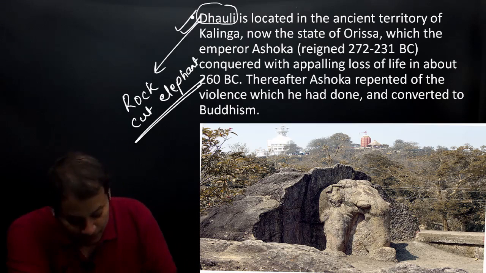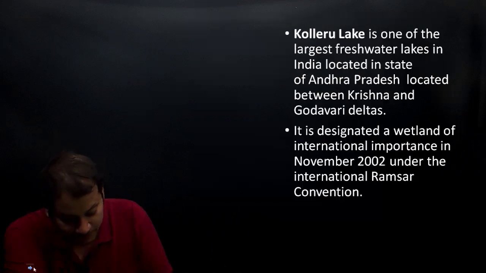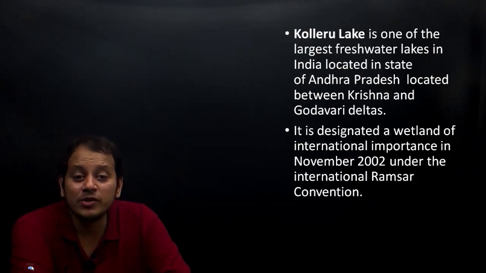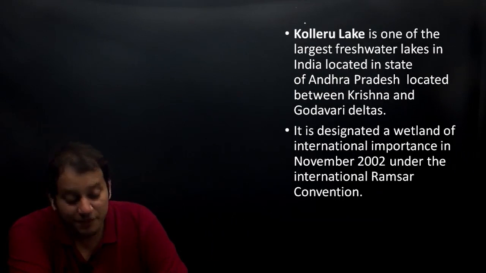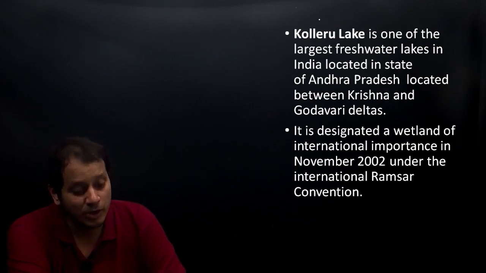Okay, now we'll come to the next portion here, that is the Kolleru Lake. Kolleru Lake is one of the largest freshwater lakes in India. What is the difference between the Pulicat Lake and the Chilika Lake versus Kolleru Lake?